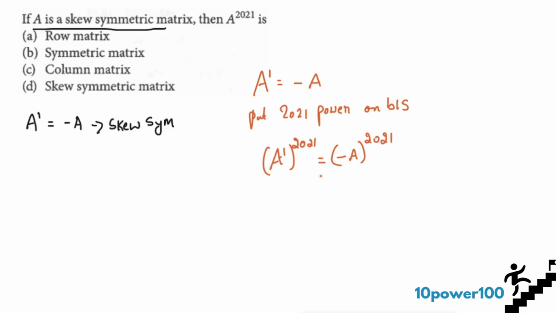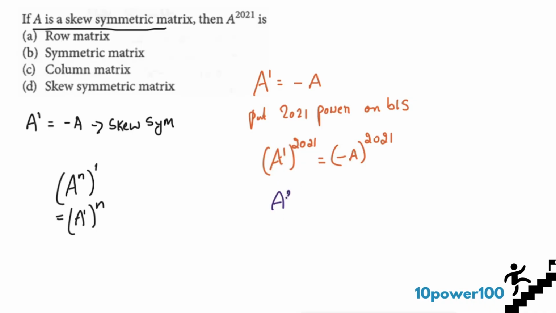Okay. Next, we know one of the properties that A power n the whole dash can also be taken as A dash the whole power n. So with respect to that, can we shift this 2021 inside and bring the dash outside?